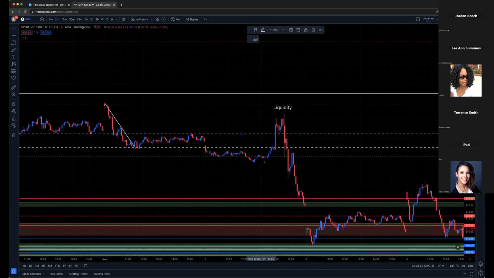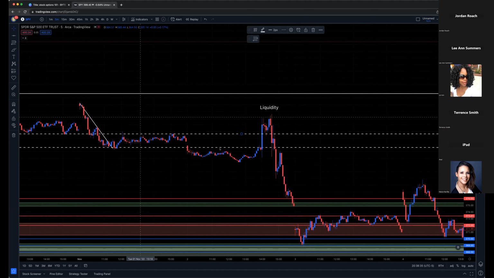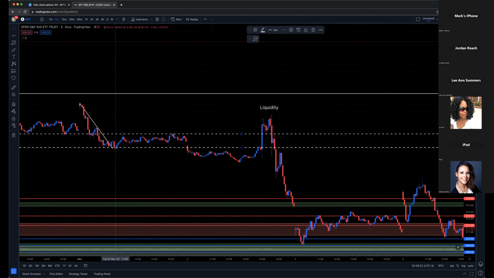We want to catch big moves, unless we're going in for scalps, which is a more advanced style of trading. But unless we're scalping, we don't really want to trade this kind of market because nothing is really happening. If you caught it here, that's a great 2-point move, but the chances of you catching it at the bottom and at the top are highly unlikely for anyone, even myself.